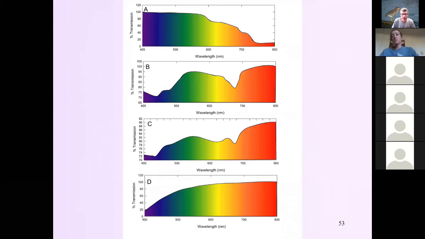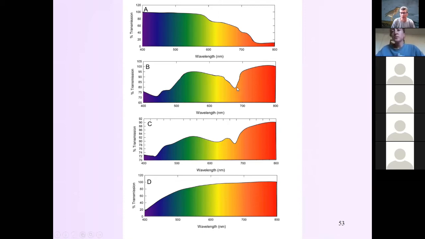Now we have a variety of different ones, and I'm going to panic here because I don't remember exactly what everyone is. The first one is just pure water. So we have high transmission in the blue, low transmission in the red. The second one is chlorophyll, I believe. So chlorophyll absorbs heavily at about 450 nanometers and 685 nanometers.